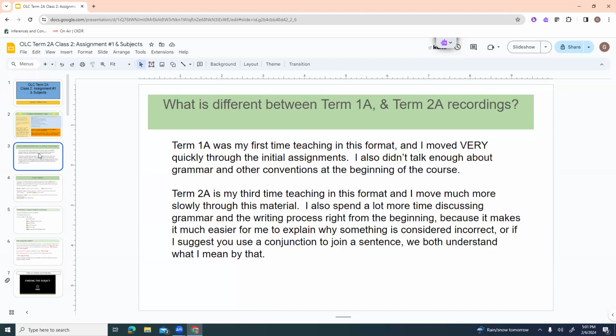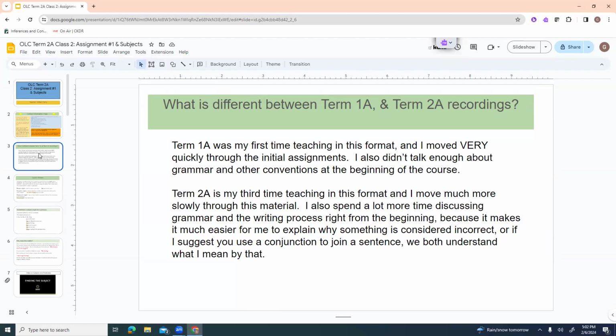Okay, what is the difference between the term 1A and the term 2A recordings? Well, term 1A was my first time teaching in this radio Zoom format, and I moved very quickly through the first assignments. I also feel like I didn't talk enough about grammar and other conventions at the beginning of the course. Term 2A is my third time teaching in this format.